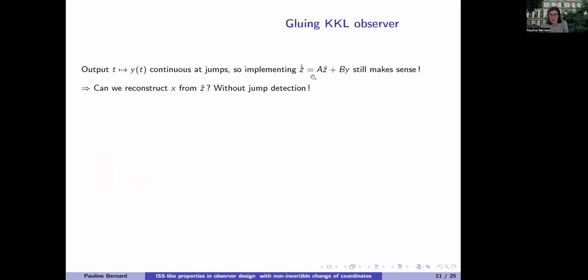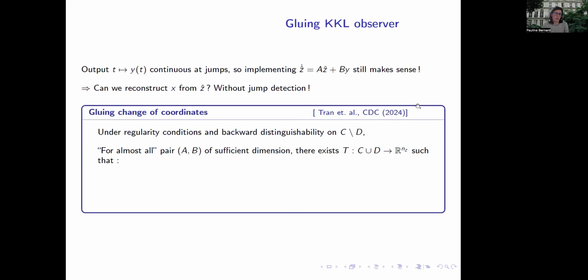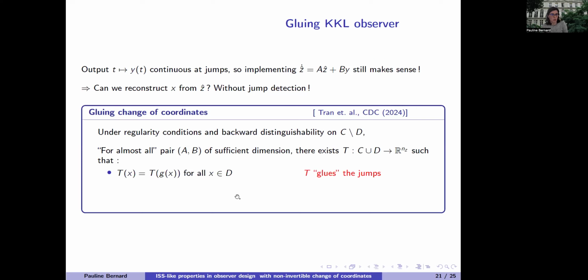And the question is always the same. You run this without any jump detection. It's just a continuous time system. And do you have enough information in Z hat to reconstruct X? Always the same. And by using the same tools, we submitted a paper to the next CDC about the existence of this change of coordinate that we call a gluing change of coordinate, because what is interesting here is that Z is going to be an image of X by some change of coordinate, but Z does not jump.